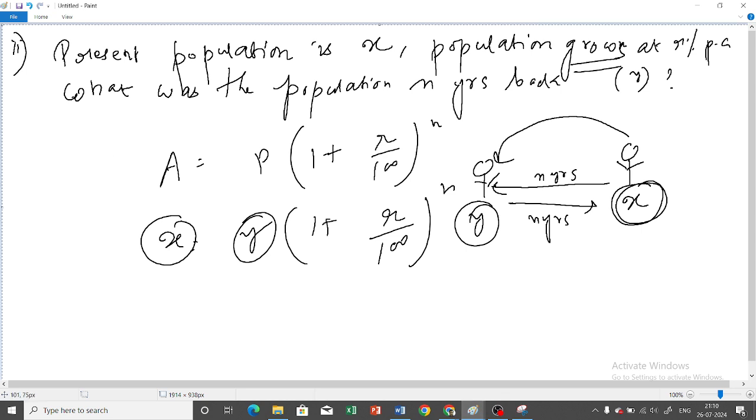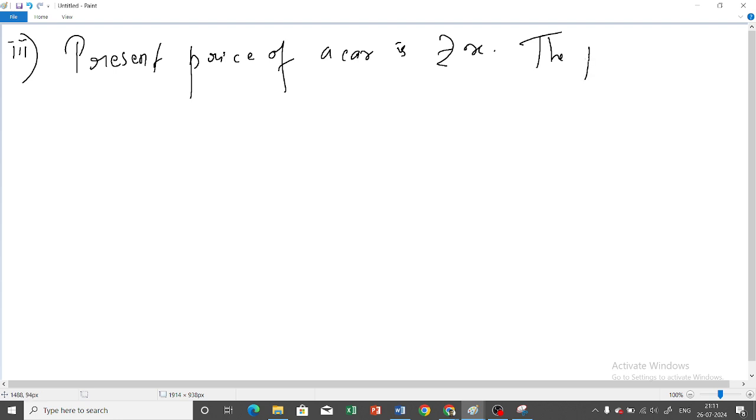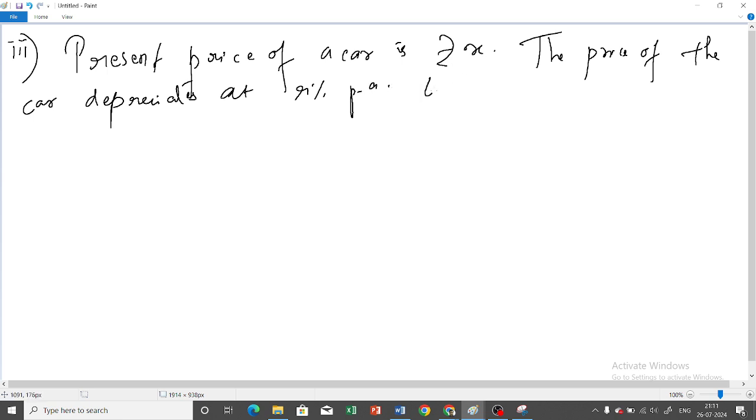Now the next case. The present price of a car is rupees X. The price of the car depreciates at R% per annum.